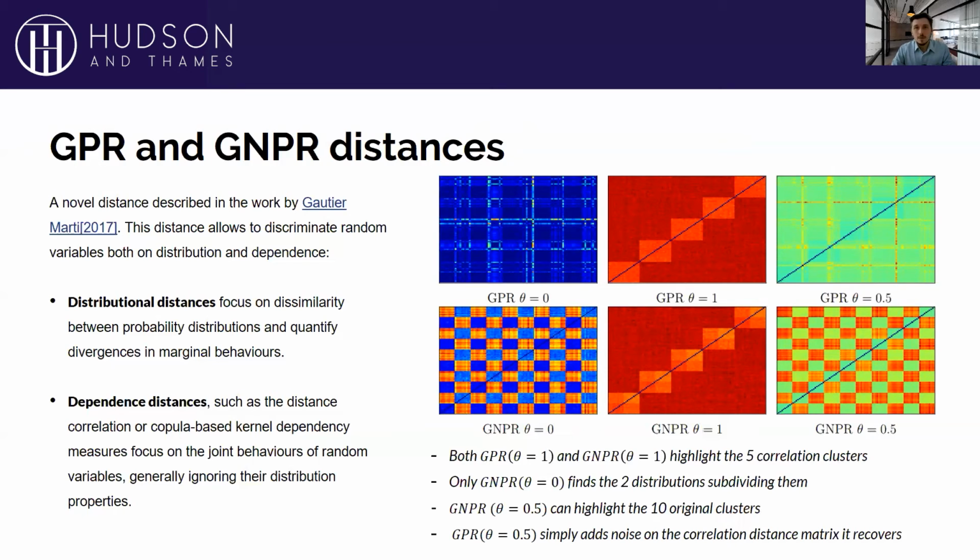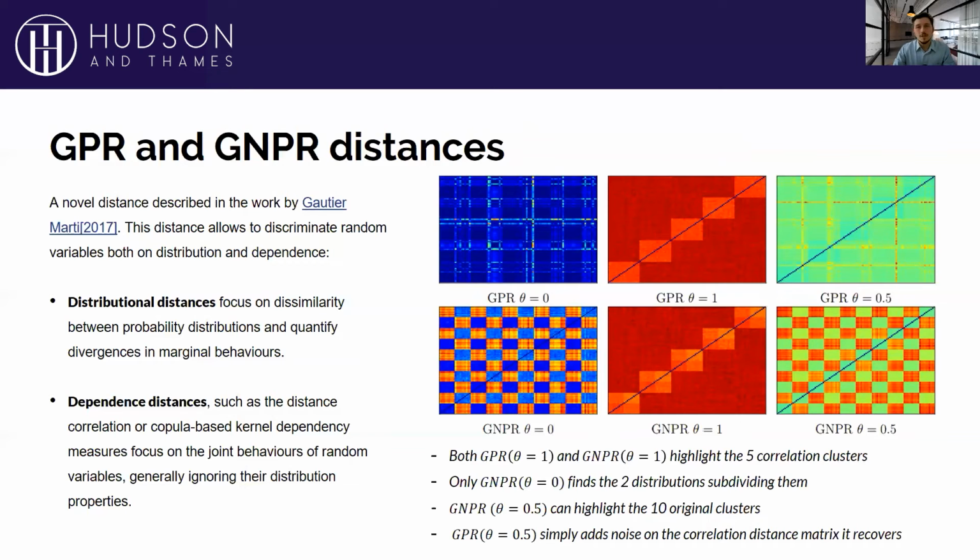Showing this on an example, also proposed by the author, say we have two perfectly correlated random variables, but one has heavier tails than another. And although they are highly positively correlated, in terms of risk, they are quite different because one has heavier tails than another.